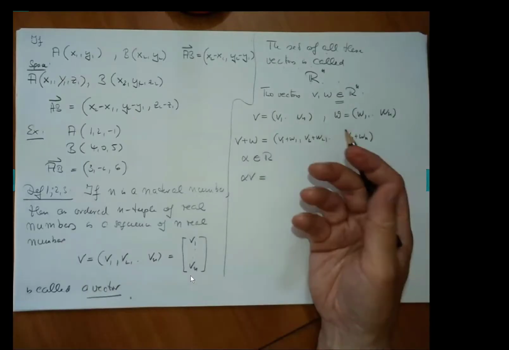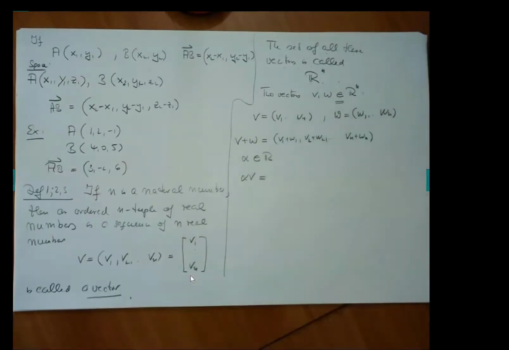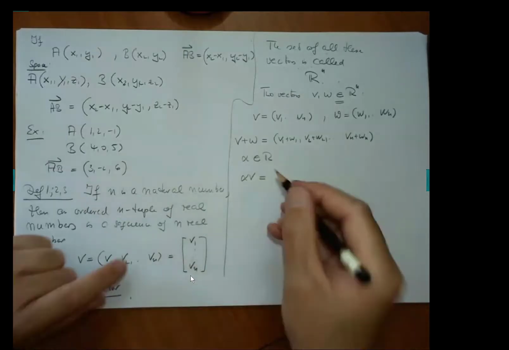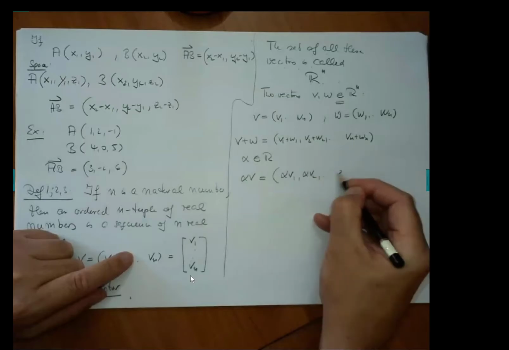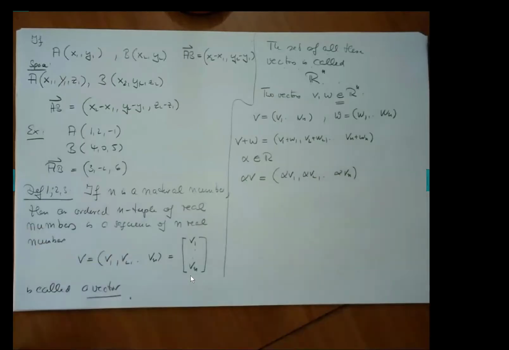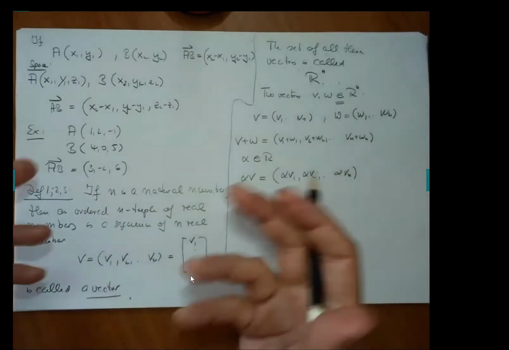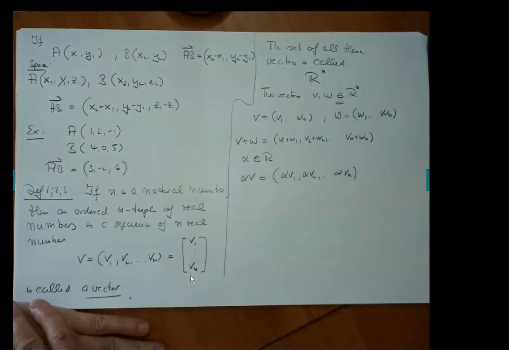again, nothing you learned in chapter 1 is wrong. It's just, there's a new interpretation to it. It's just alpha v1, alpha v2, alpha vn. So we do everything the same as in chapter 1.